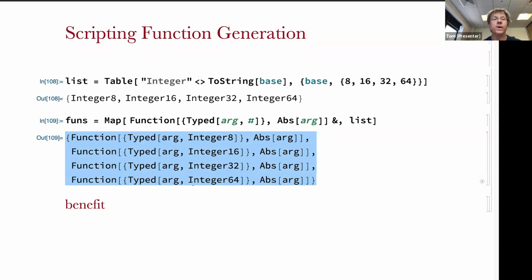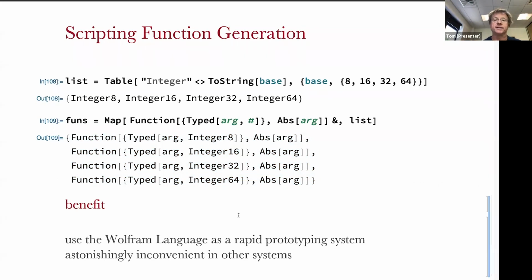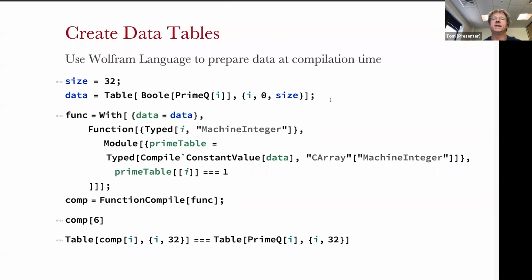And we use this a ton when we're setting the system up. We're using the rapid prototyping system to create things. And doing this in other systems, I know, is astonishingly painful, and yet it's so natural in the Wolfram language. So that's kind of a nice feature.